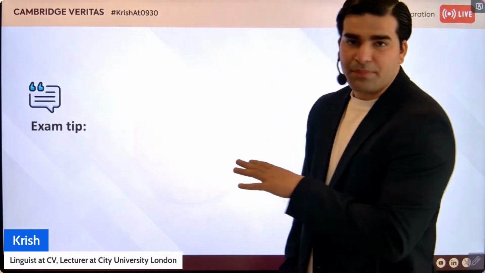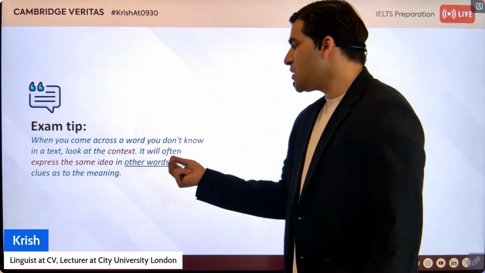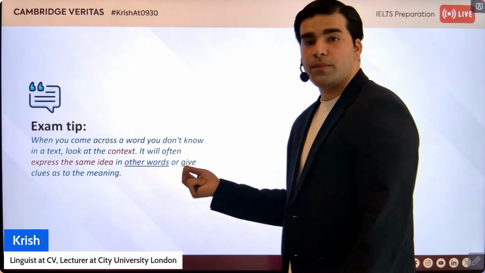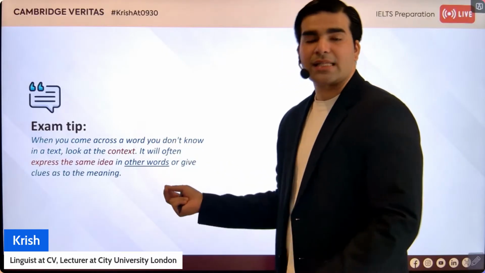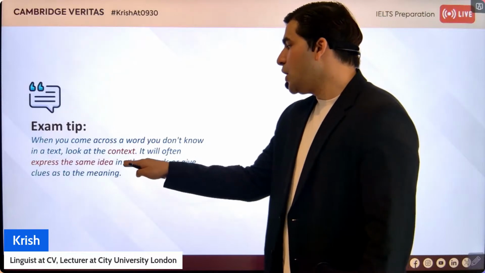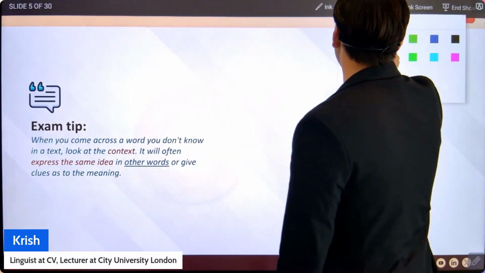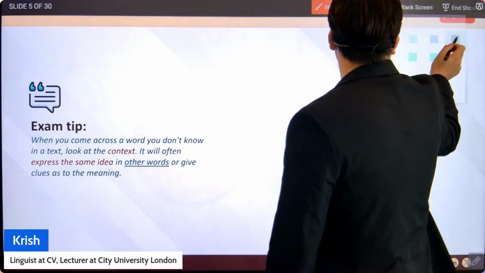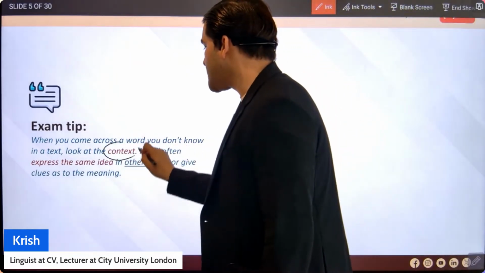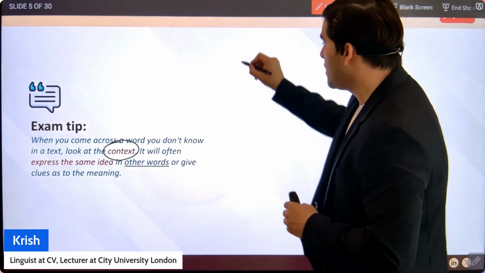And that exam tip is, when you come across a word you don't know, in a text, in a passage, in an essay, in an article, look at the context. Once again, it says, look at the context. What is the meaning of the word context?